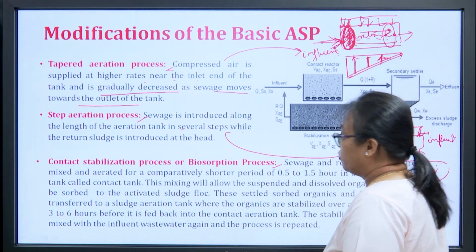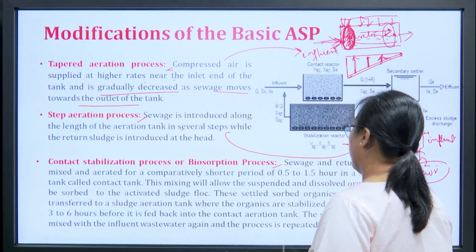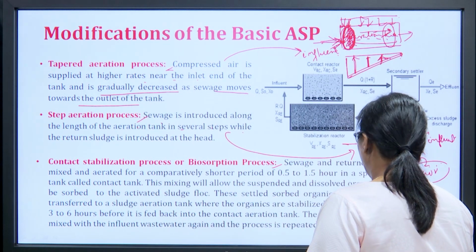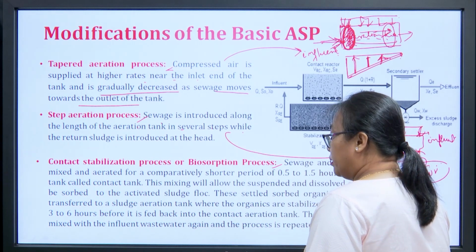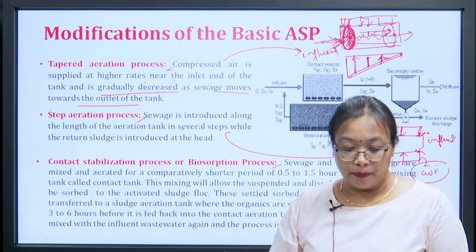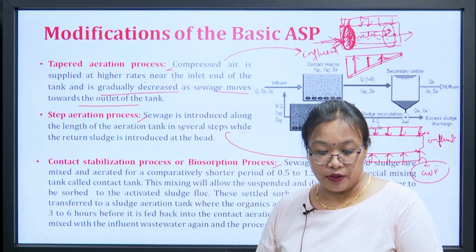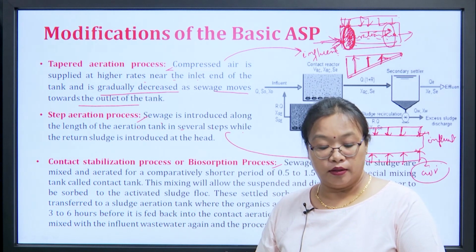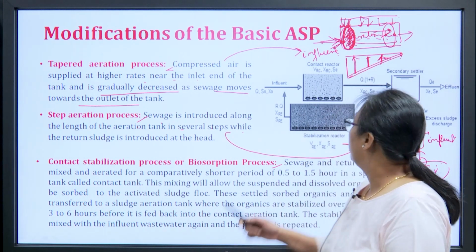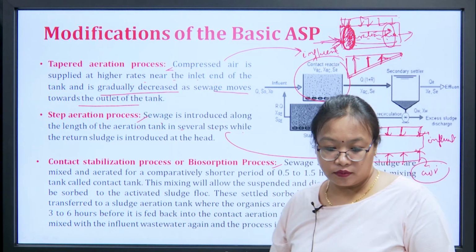The third is called the contact stabilization process or bioabsorption process. Sewage and the return sludge are mixed and aerated for a comparatively shorter period of 0.5 to 1.5 hours in a special mixing tank called the contact tank. राइट. सो पहले कॉन्टैक्ट टैंक पे हम लोग सब मिक्स कर लेते हैं.